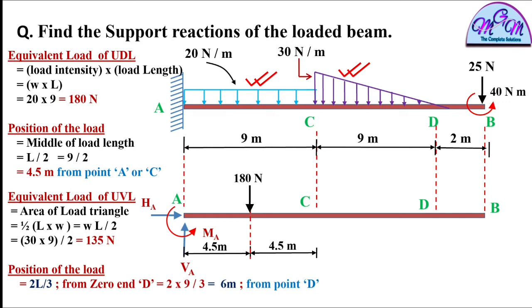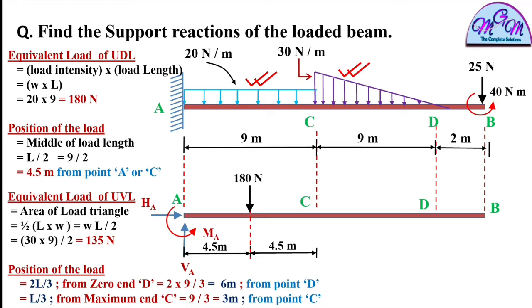So its position will be 2L by 3 from the zero end, and the length of the UVL is 9 meter. Put the value of L equals 9 meter, and you will get 6 meter from point D. So the equivalent load will act at a distance of 6 meter from point D. And from point C, that means the maximum end, the position will be L by 3.